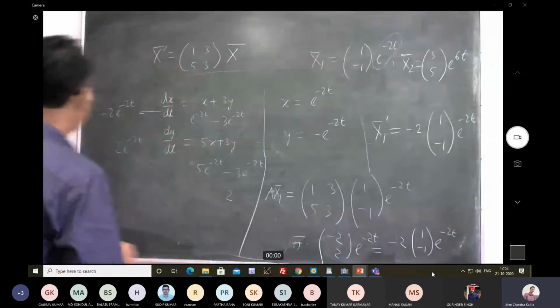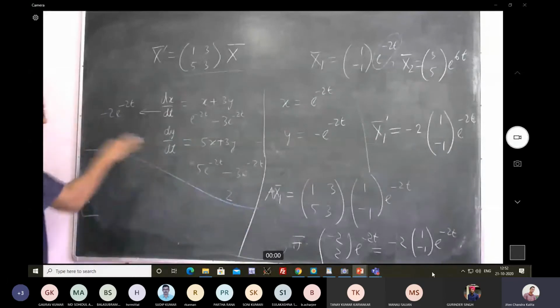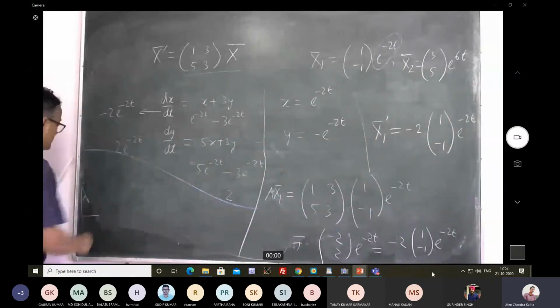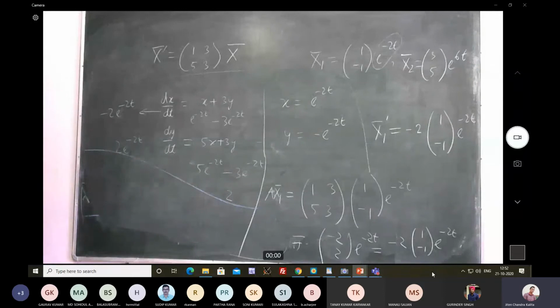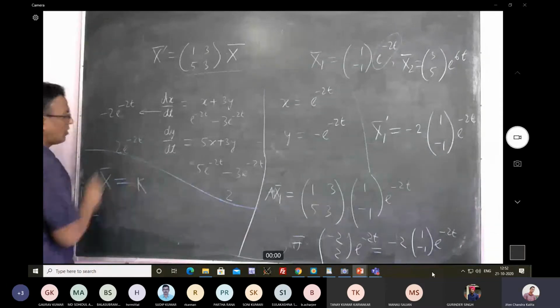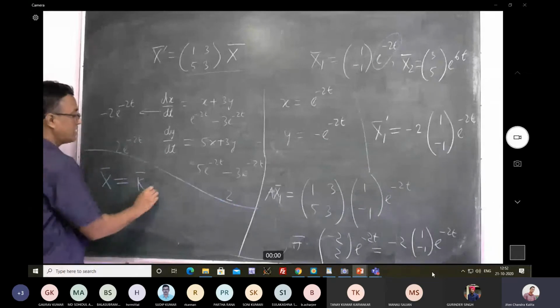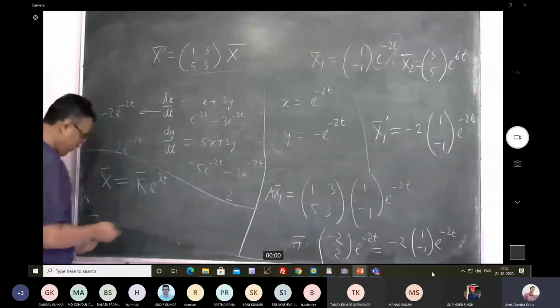For a system, which is a homogeneous system of linear equations of first order, it has given you an idea that probably the solutions are going to be of the form of some constant vector k times e to the power lambda t.